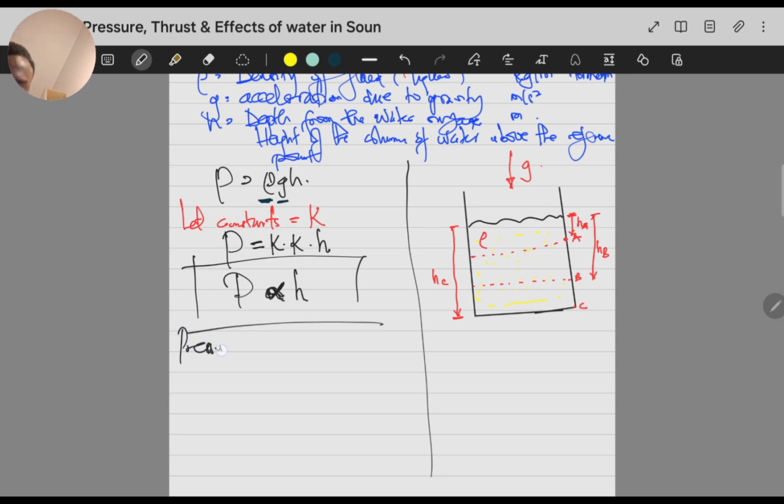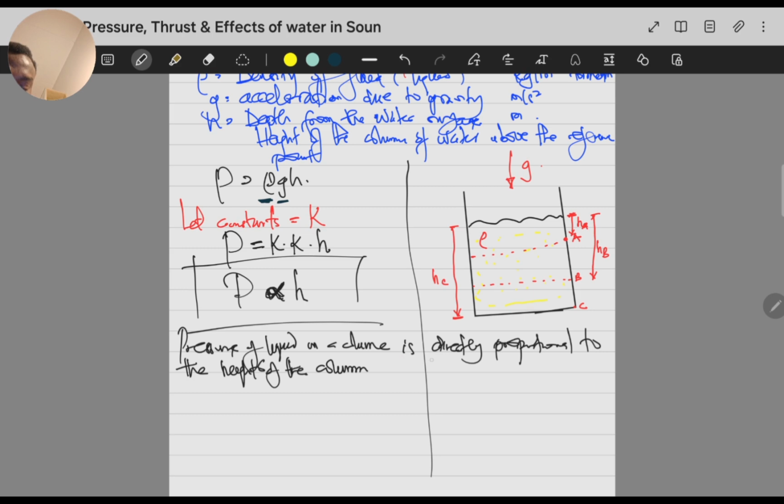Pressure of liquid in a column is directly proportional to the height of the column above the reference point.